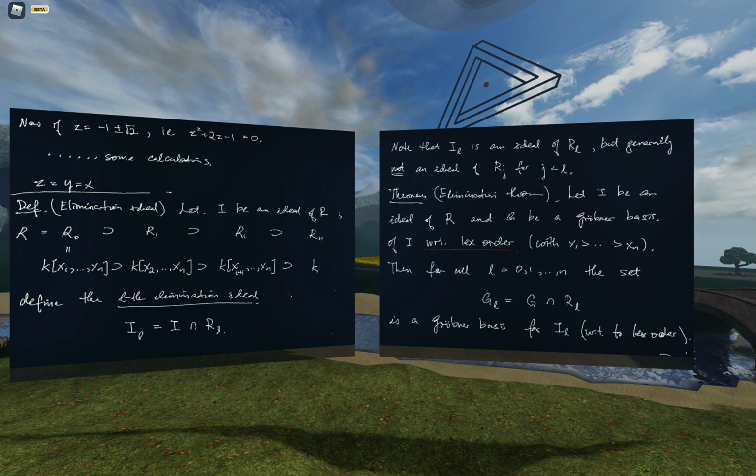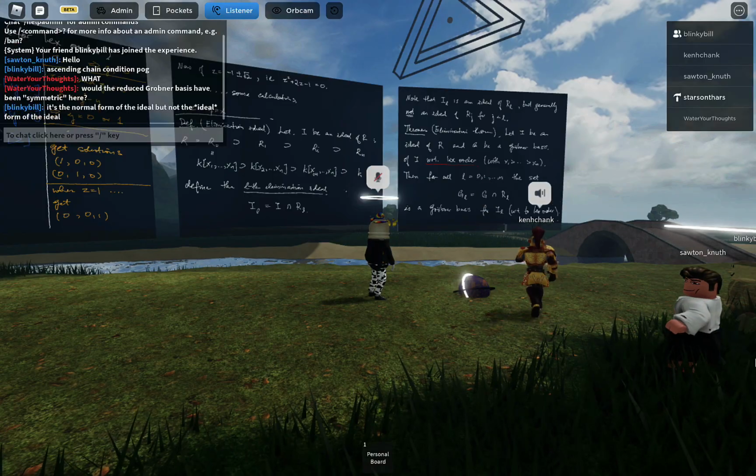And in fact, not only that, these subsets, when we just look at the Grobner basis consisting of those fewer variables, actually is a Grobner basis for IL, which is the elimination ideal. And that's important because we're going to use these elimination ideals to solve the original set of equations, right? So finding generators for them, describing the ideal, finding the points is important. Okay, so let's move over to the right to prove this.